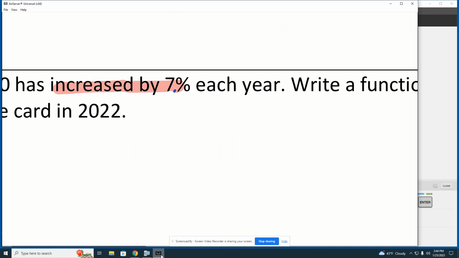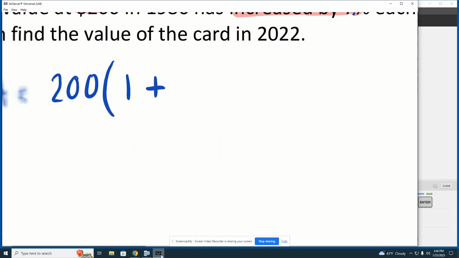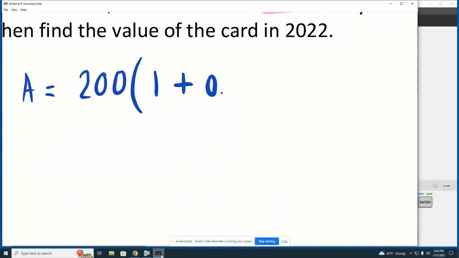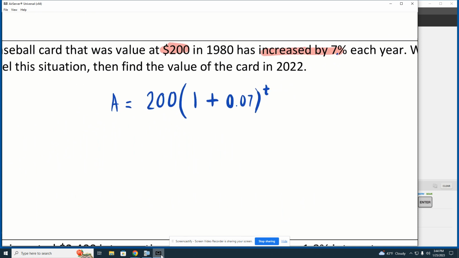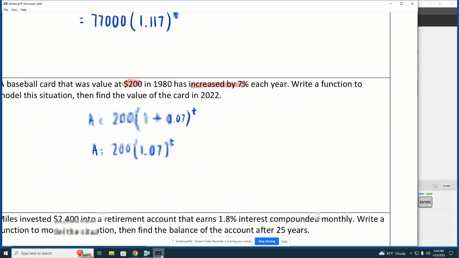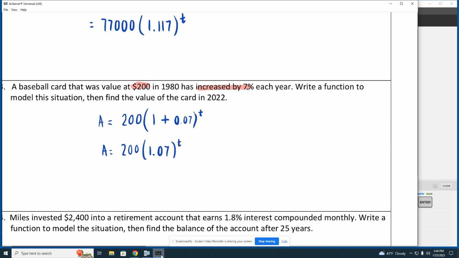So that's going to be 0.07, and that's raised to the t power. So again, if I like to simplify these equations, it would be A equals 200 times 1.07 raised to the t. That would be writing the function to model this situation.